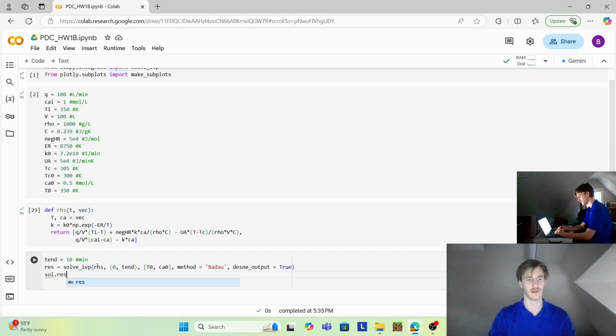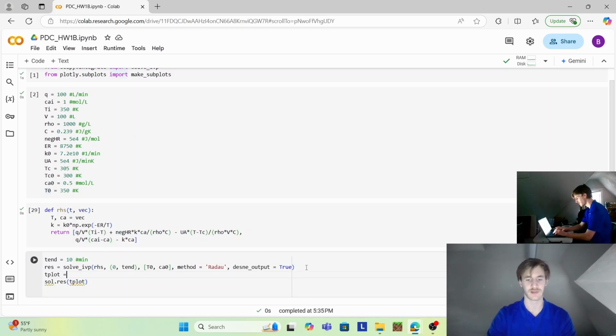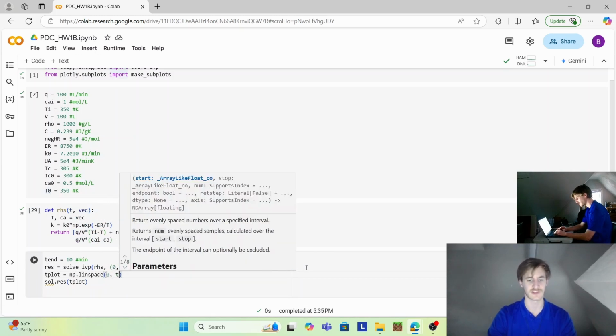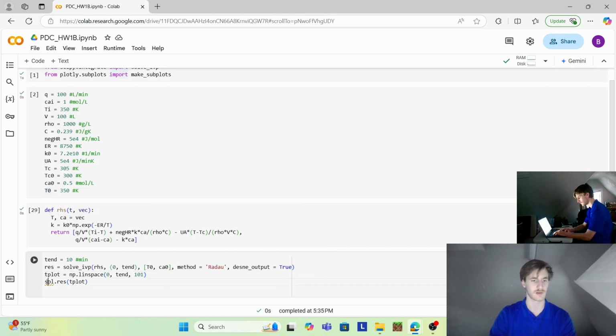Now we'll go ahead and use sol.res for tplot. So I need to make my time plot. So tplot equals np dot linspace from 0 to time end of 101 steps. And this is actually res.sol.